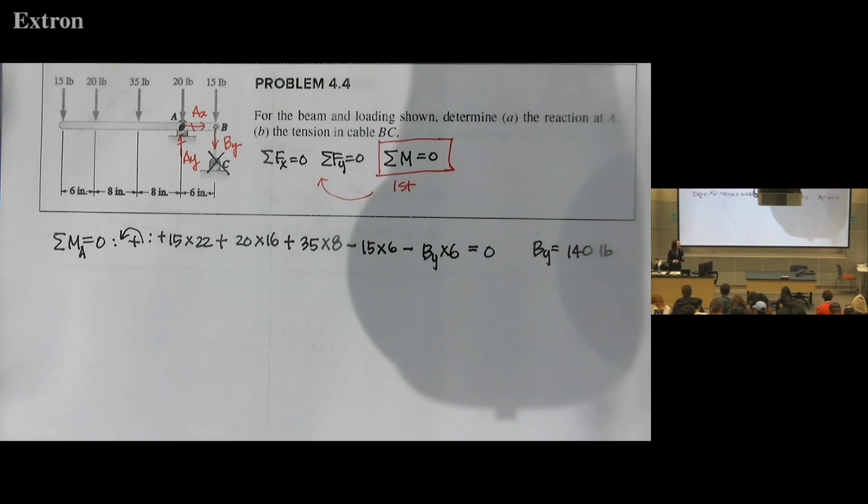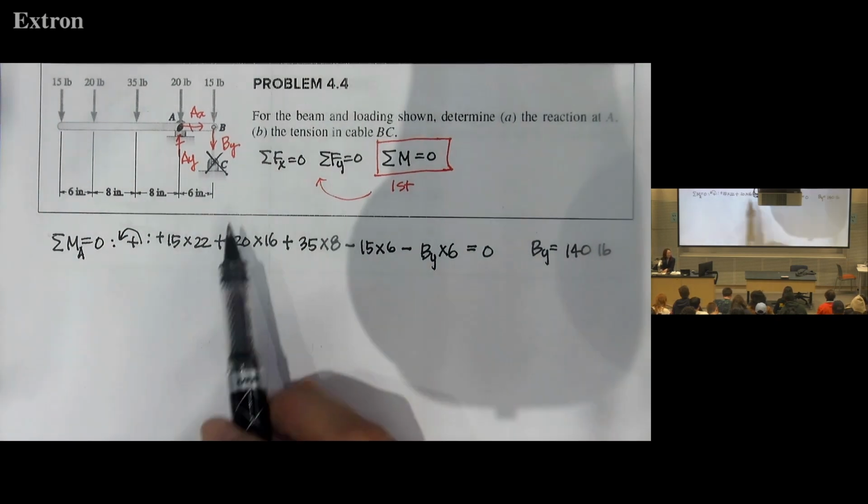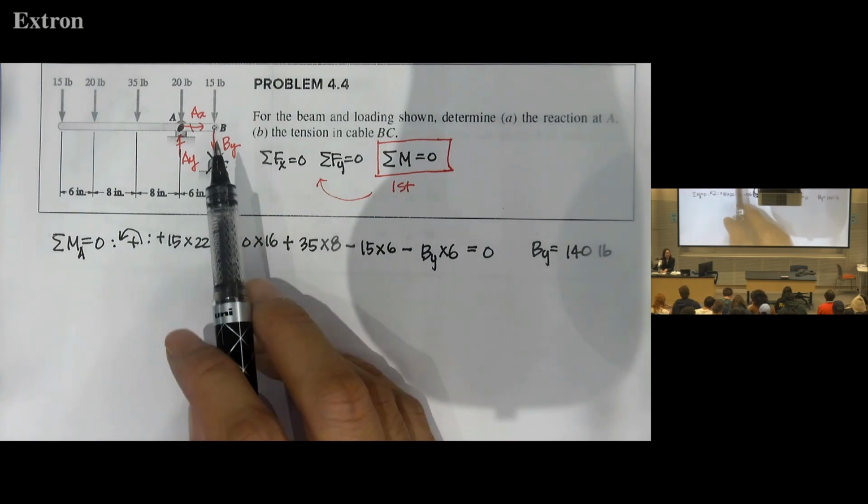Okay, so I strongly recommend to write down moment MA equation on your own after this lecture to strengthen your skill. So here we found the cable tension. So there's 140 pounds, good, positive. So it's cable tension, not cable compression, cable tension, right?